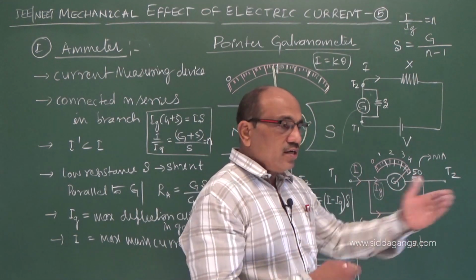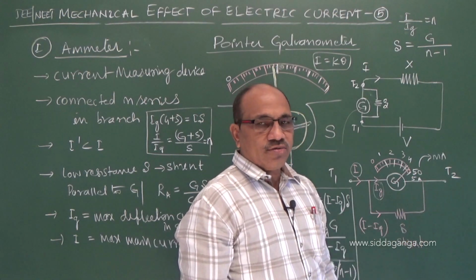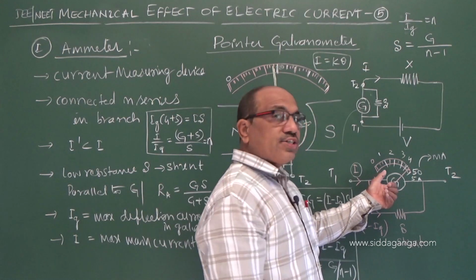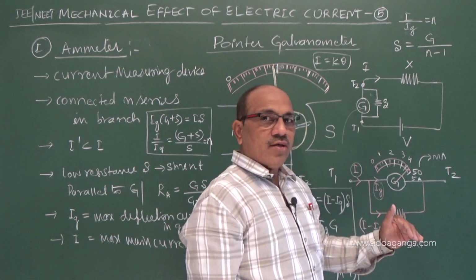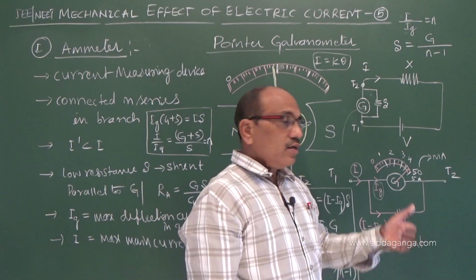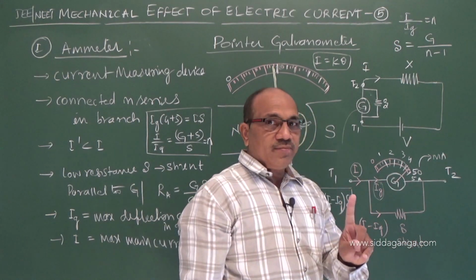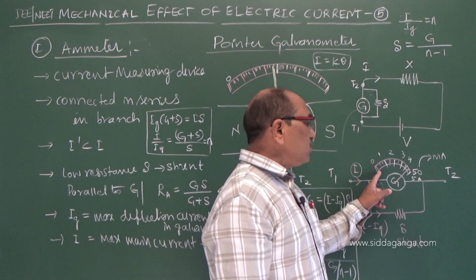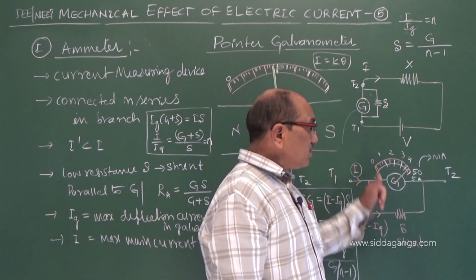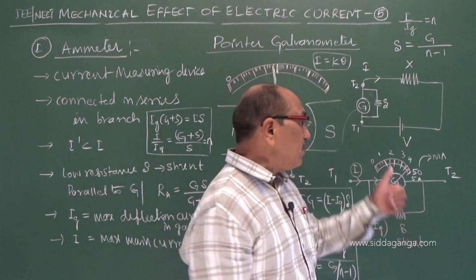The current measuring range is increased, milliamp to ampere, but sensitivity decreases because every division earlier measured 1 milliamp. Now every division is measuring 0.1 amps. So the ability of measuring decreases 10 times.